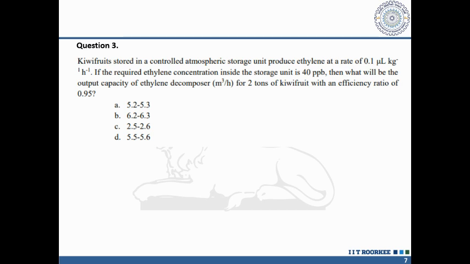We need to find out the ethylene decomposer's capacity for 2 tons of kiwi fruits. Okay, 2 tons of kiwi fruits we have. So what capacity of ethylene decomposer do we need?